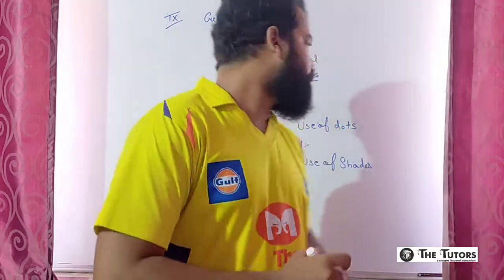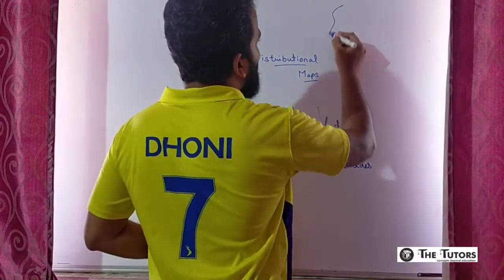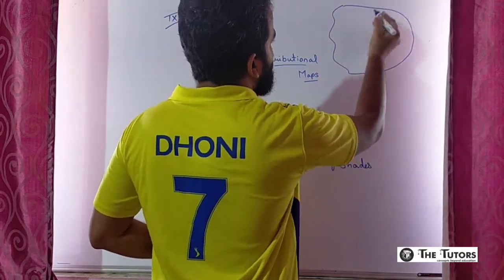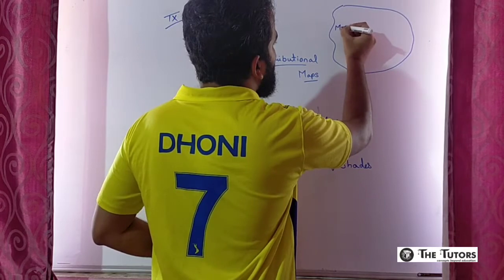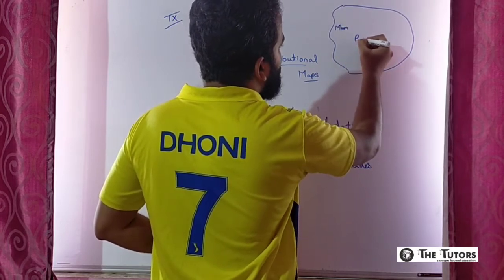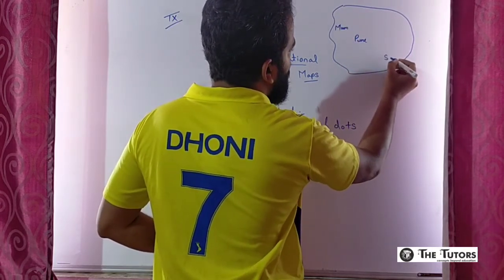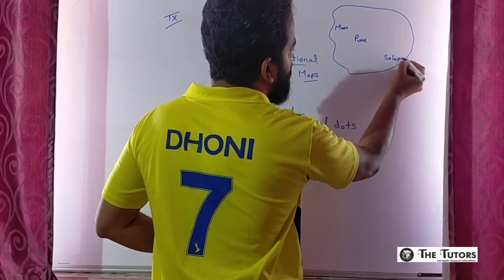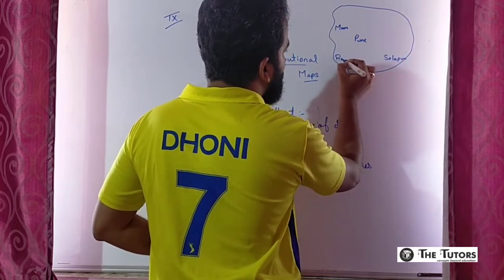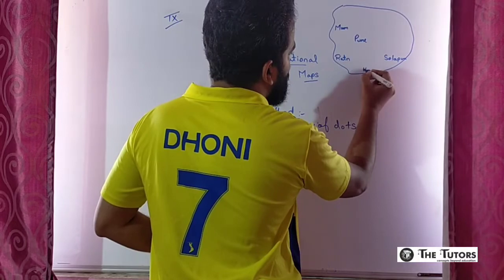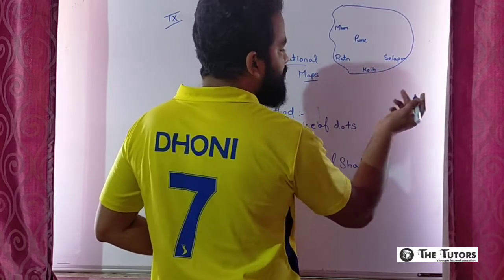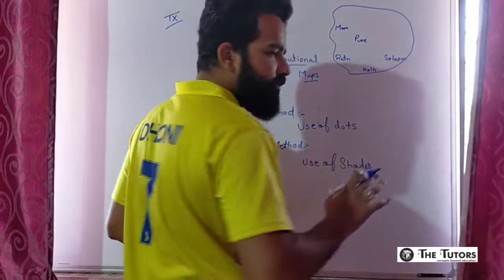Like in India, if we are putting down the population density. Just assume this is the map of Maharashtra. This is Mumbai, this is Pune, here we have Solapur, Ratnagiri, and Kolhapur.